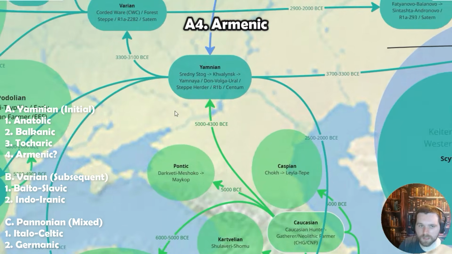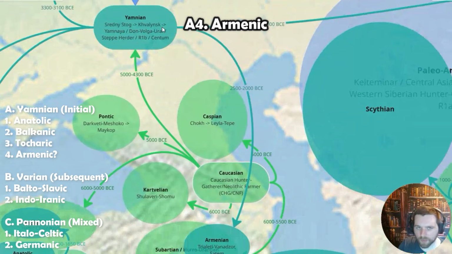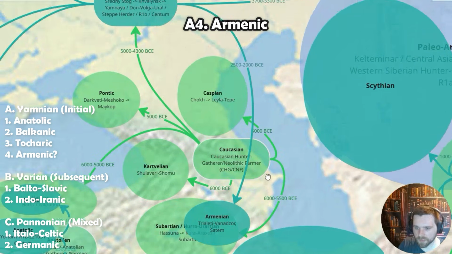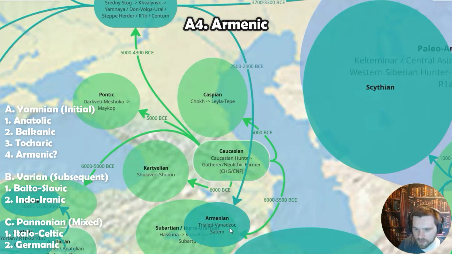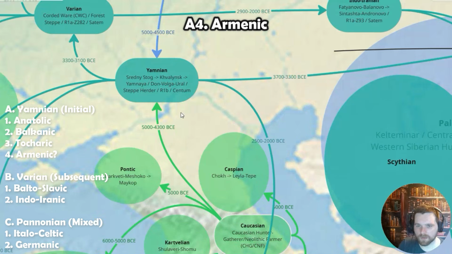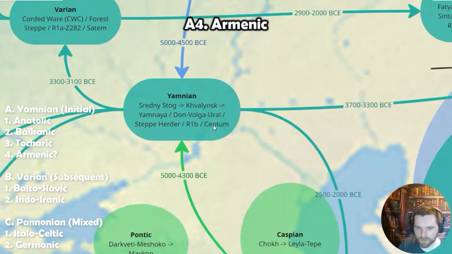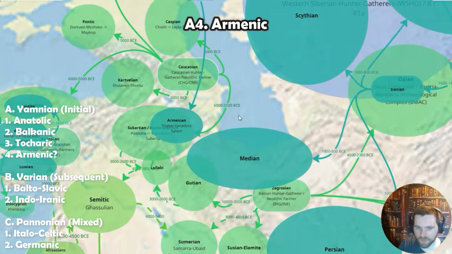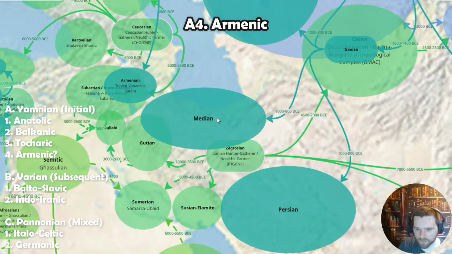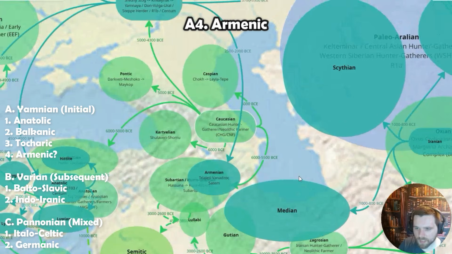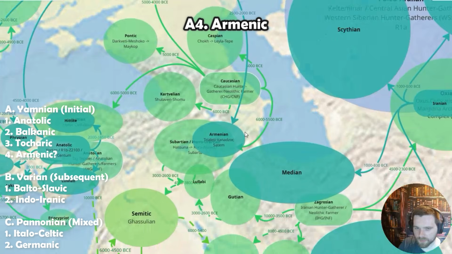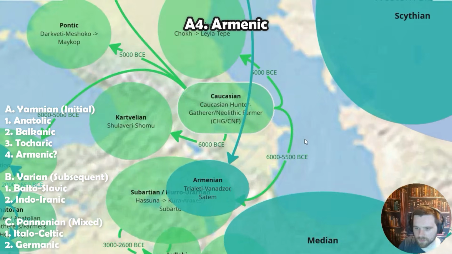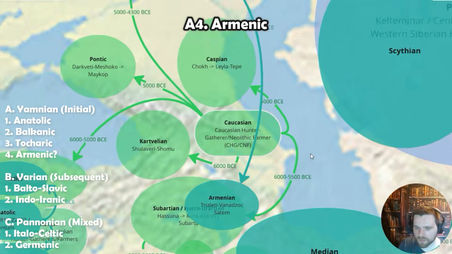And then the final branch of the first wave would be Armenian, and Armenian is a Satem language, not necessarily because it is derived from a Satem language, but because it was so heavily influenced by Median Persian, Iranian religion and culture and language over time that it switched and got its language twisted a bit.